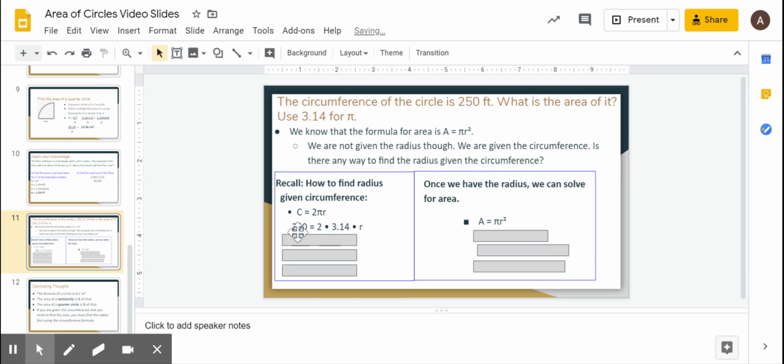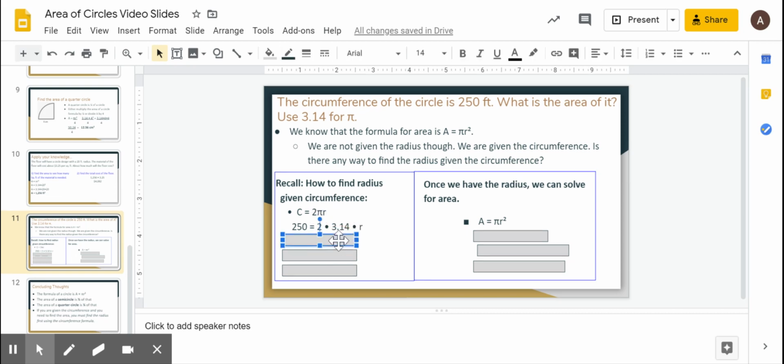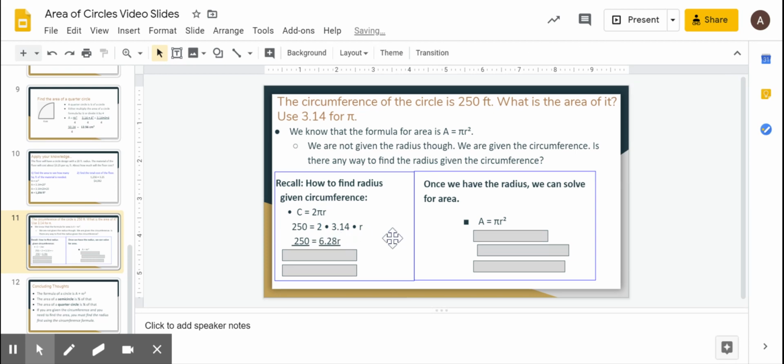We know that C is 250. We keep the 2, pi is 3.14, and the radius is what we're solving for. So we get 250 is equal to 6.28 r. In order to solve for r, you divide both sides by 6.28, and then you end up getting 39.8 feet. Sorry, 39.8 feet is your radius.